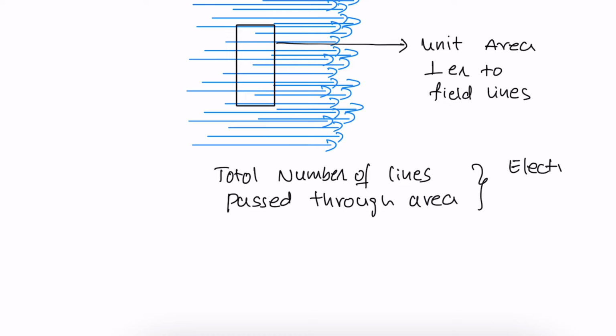Electric field intensity: the total number of lines passed through unit area.